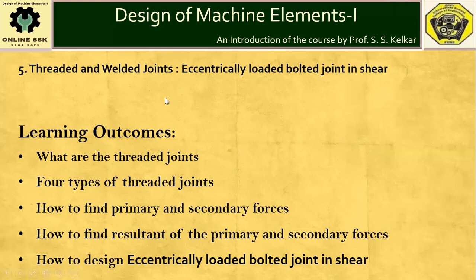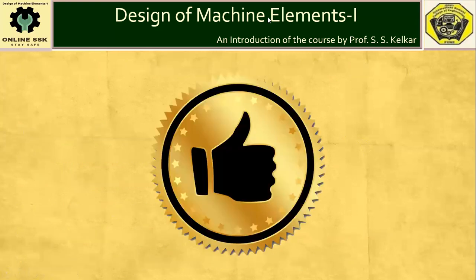So in today's video tutorial, we have studied what are the threaded joints, four types of threaded joints, how to find out primary and secondary forces, how to find out resultant of primary and secondary forces, and how to design an eccentrically loaded bolted joint in shear. So that's all. Thank you.